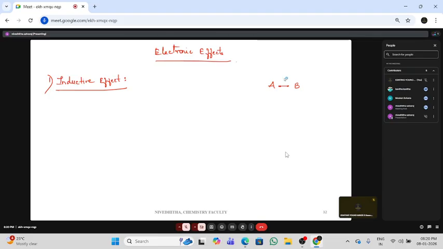Generally in a covalent bond, 2 electrons are shared between 2 atoms. If both the atoms are the same atom, then as Kavita's point, there is no electronegativity difference at all. If both are the same atom.